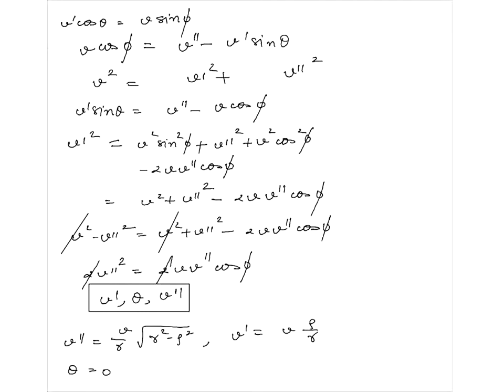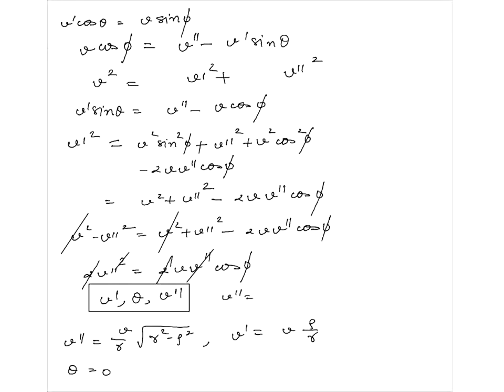V double dash cannot be 0. Big body will be hit. It can't have 0 speed. So since v double dash can't be 0, we can cancel it. 0 can't be cancelled.